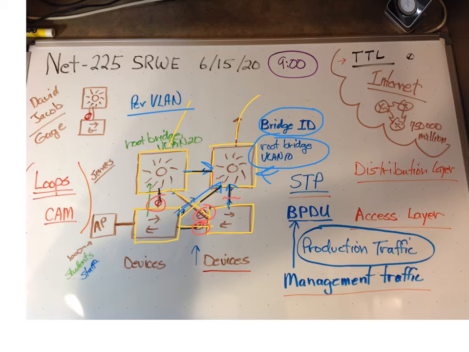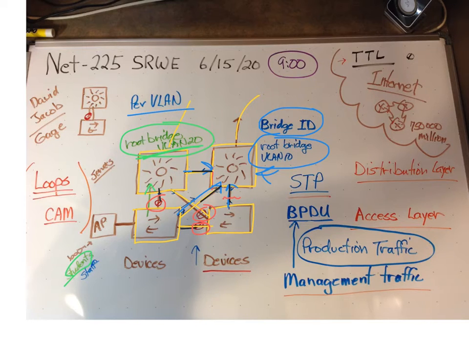Now, this is what makes this interesting or good. You can have a different VLAN, let's say a VLAN for the students, green, and this could be its root bridge over here. Now the green would go there first. So you could have a root bridge there, a root port going to the root bridge.